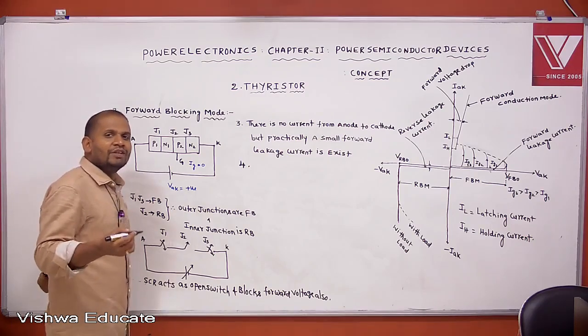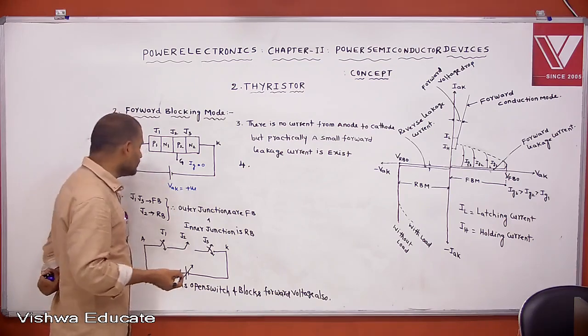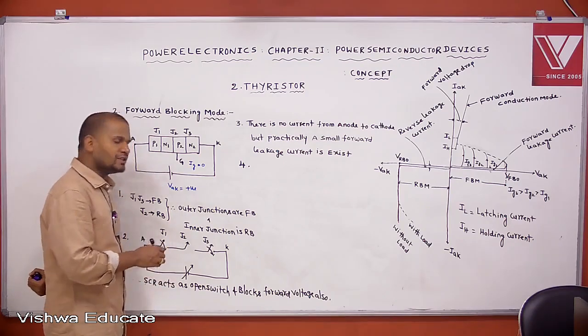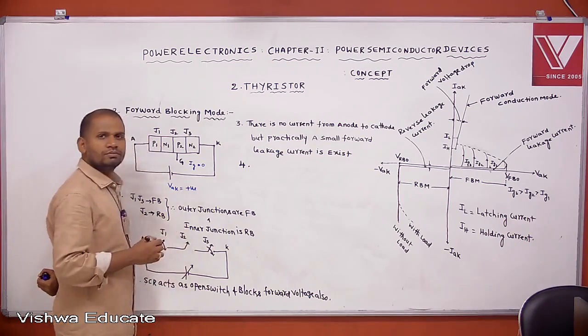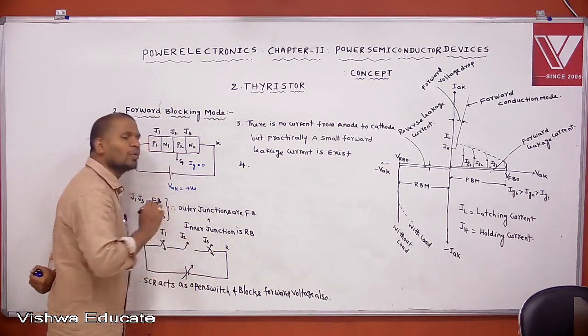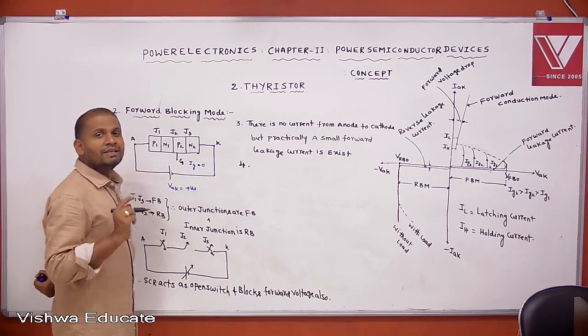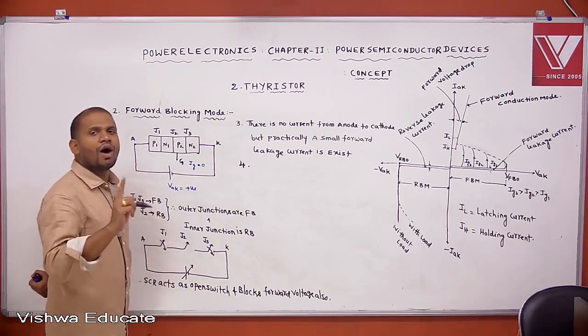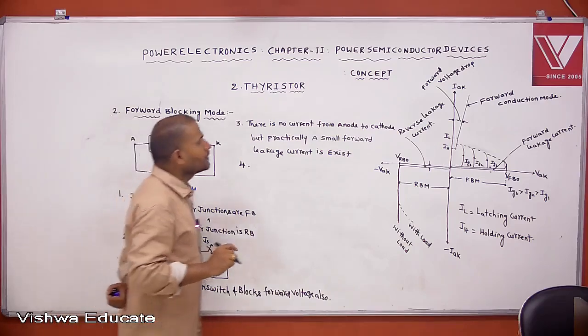If you continuously increase the forward voltage, at a particular voltage J2 breaks down, and then the SCR comes into forward conduction mode. This type of triggering is called forward voltage triggering.